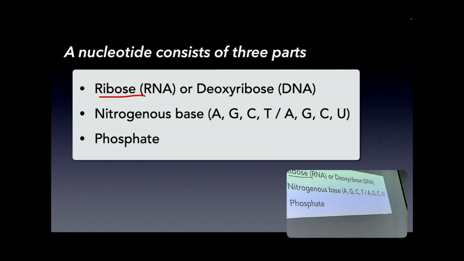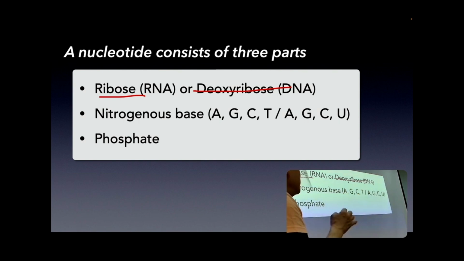One is sugar, ribose. I asked you to kindly remember the name of this sugar, ribose, right? That is the reason this ribose sugar is here, to bother you. Or deoxyribose. So you have two different types of sugar depending on who you are.